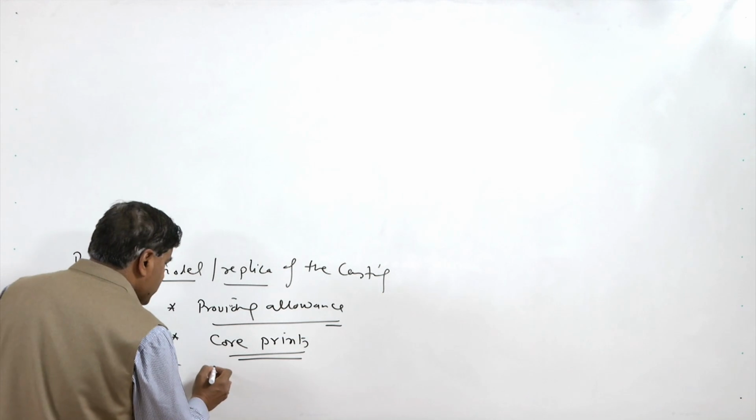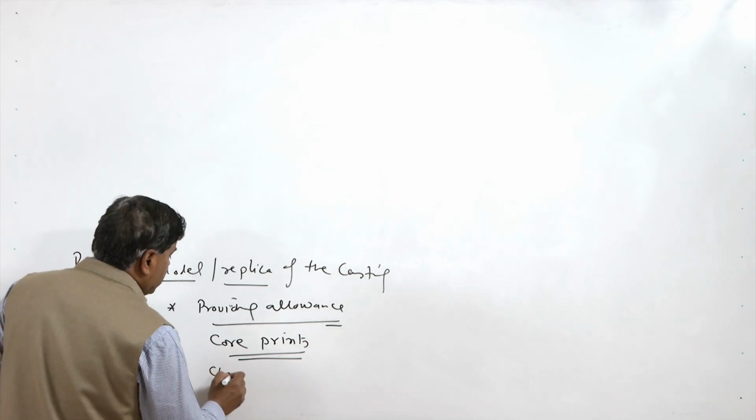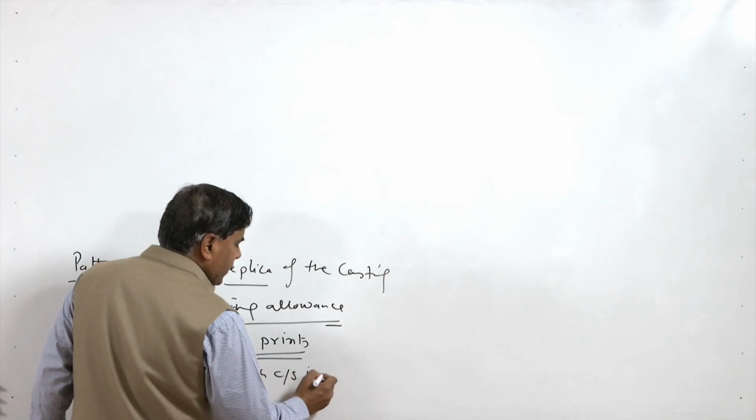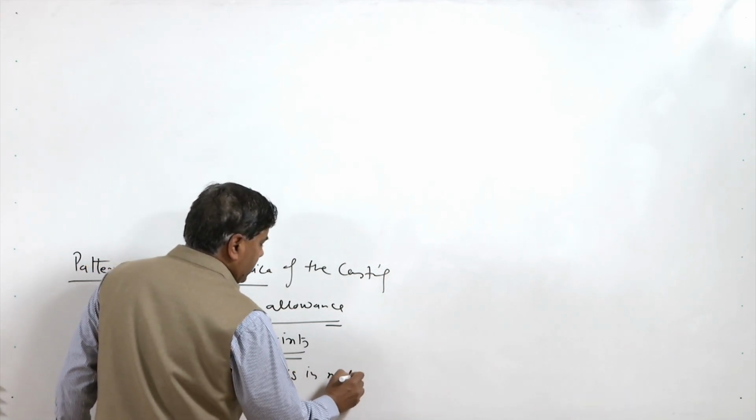And another is that wherever there is a change in cross section, it is made gradual.